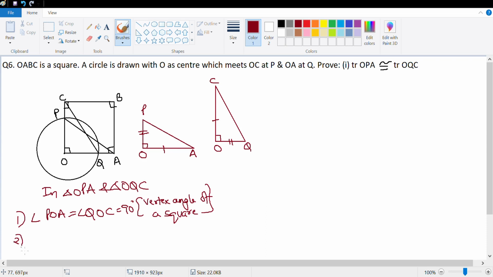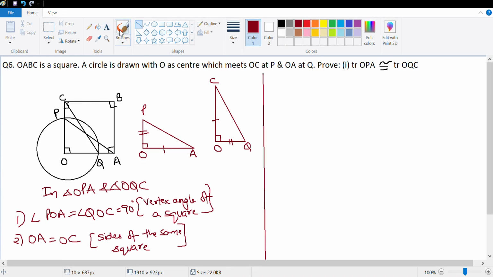Next part is angle, or not angle, side. OA is equal to OC. Reason is sides of the same square. Done. And then the third part is OP is equal to OQ, and the reason is radii of the same circle.